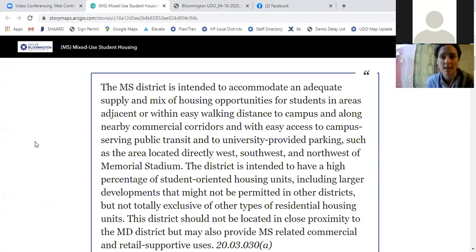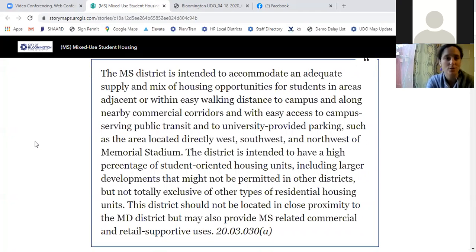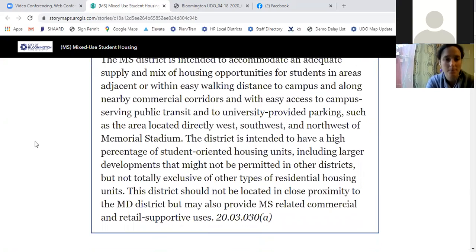So in that way, that discussion often revolves around the number of units and the number of bedrooms in each unit. So you can see the purpose statement here. This is actually from the Unified Development Ordinance.